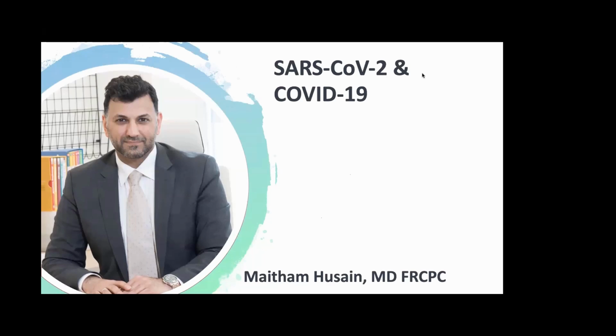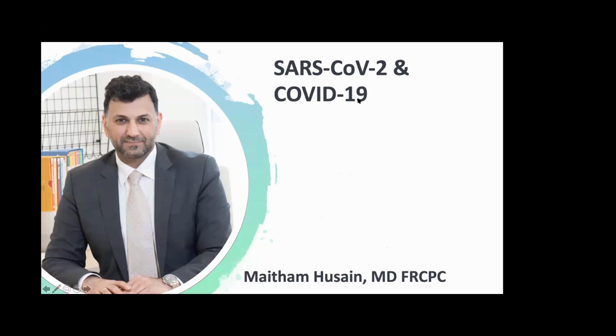And it's given the annotation of 2 to differentiate it from SARS-CoV-1, which caused the epidemic in 2003 in China, which subsequently spread to Canada and other countries. And the virus causes a disease that was later defined as COVID-19, which stands for corona, the CO, the VI for virus, and the D for disease.